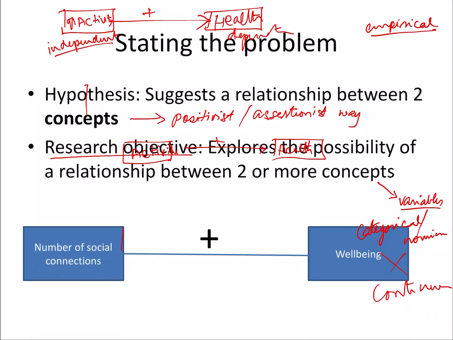Okay, now this is an example of diagramming two concepts, believing that they are associated with each other. Remember, even when we have independent and dependent variables, while the hypothesis suggests that there is a relationship between two concepts, it does not mean necessarily that one causes the other.